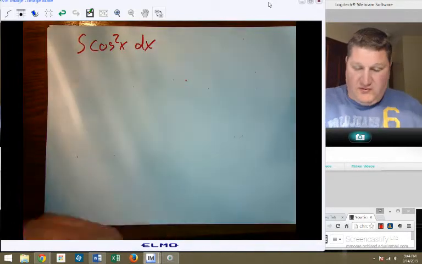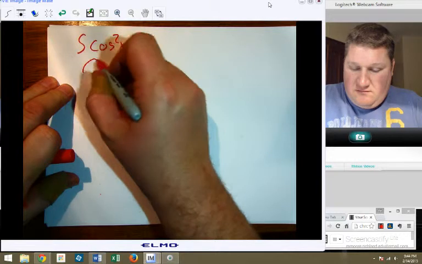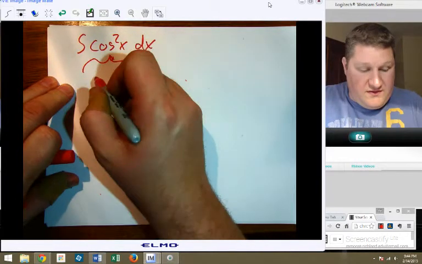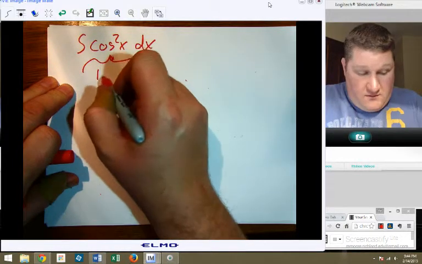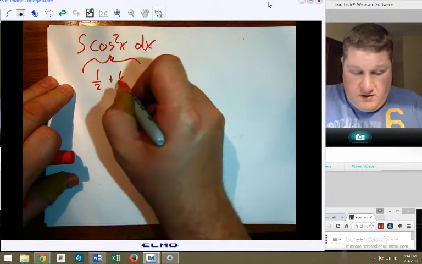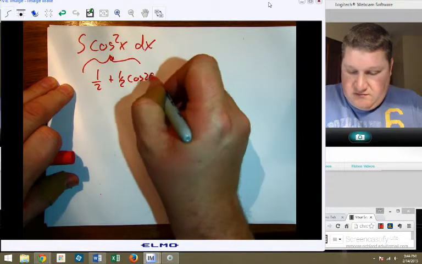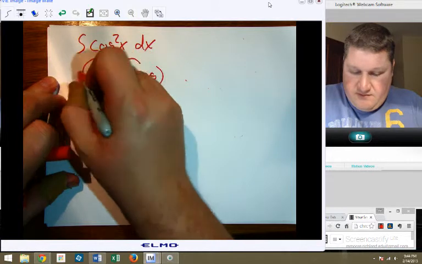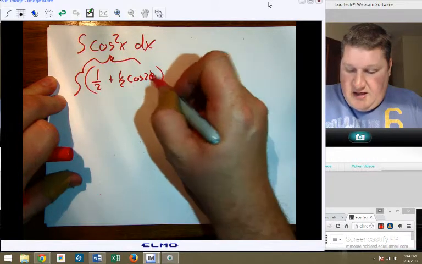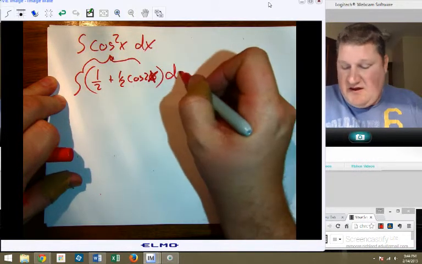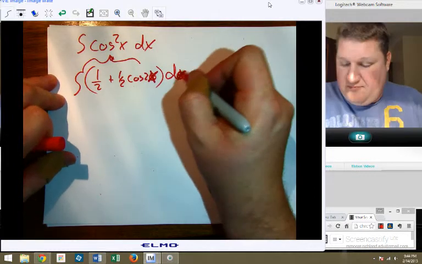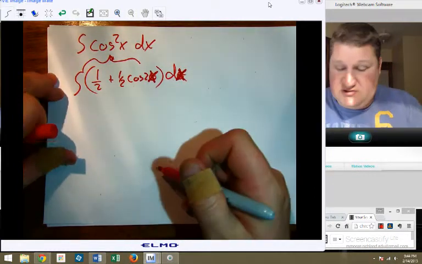So you simply replace this with a property: 1/2 plus 1/2 cosine 2 theta. In our case, it'd be x. It happens to be theta on my property sheet, so we can leave it x if we so choose.